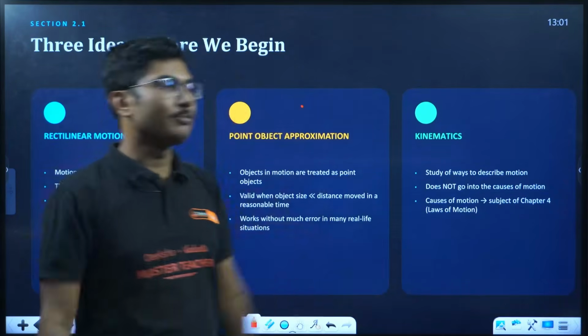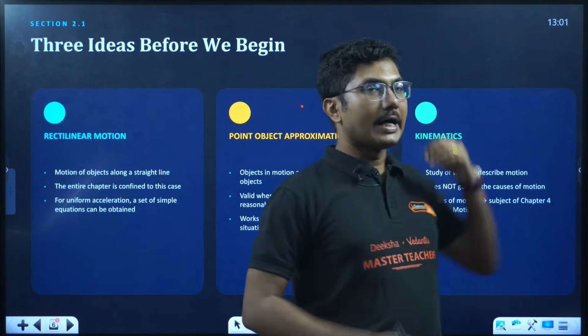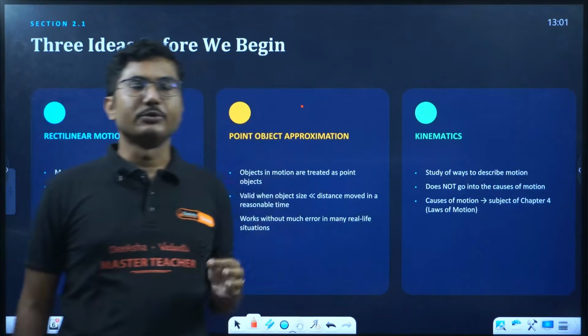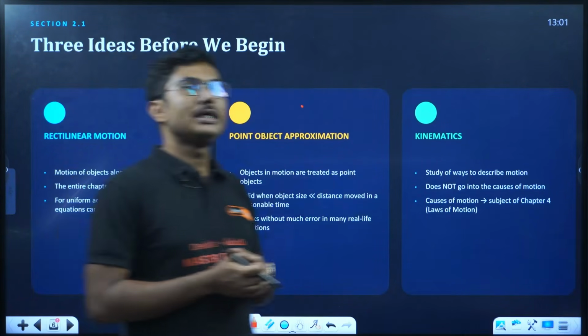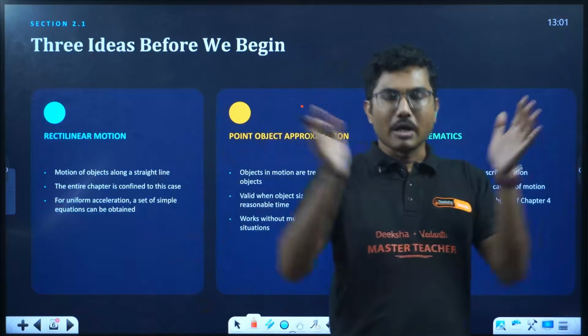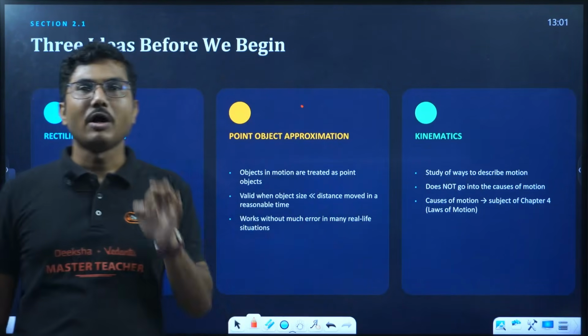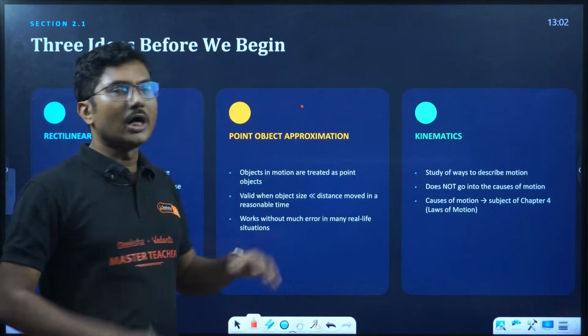That is a major important thing you have to understand: whenever we say point object, it refers to the distance with which it is being compared. If the distance is large compared to the size of the object, we still approximate that object to be a point object, and it works without much error.